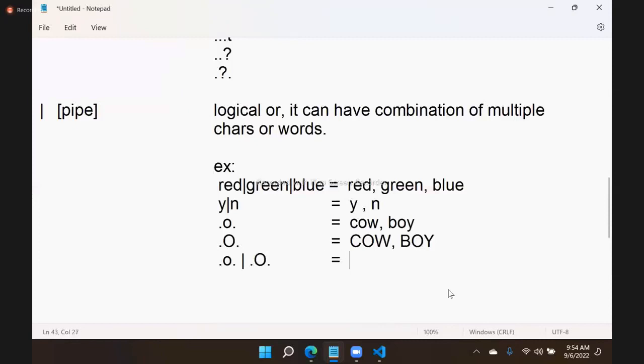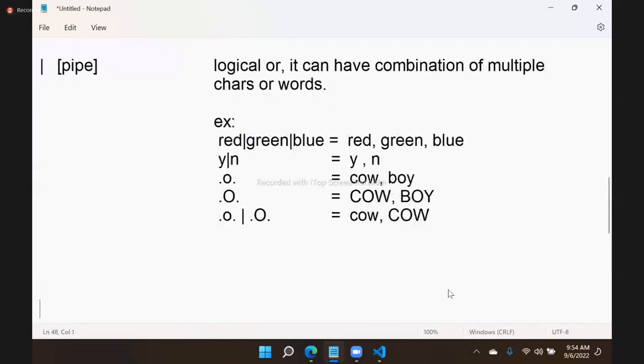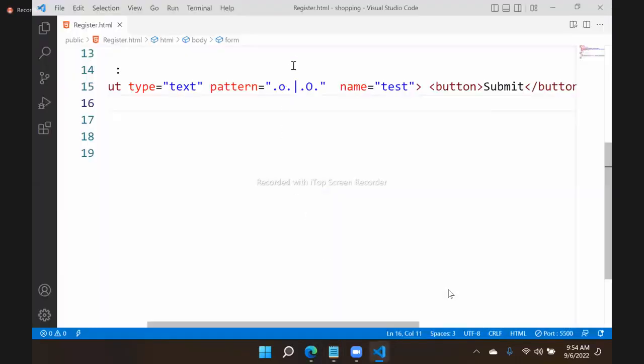This is going to allow both. That means it will allow COW and it will allow cow. That is how it is going to manage, or we have to use or. Different characters or different capitalizations we can manage. For that, you have to use this pipe symbol. The pipe symbol is important for that, right?